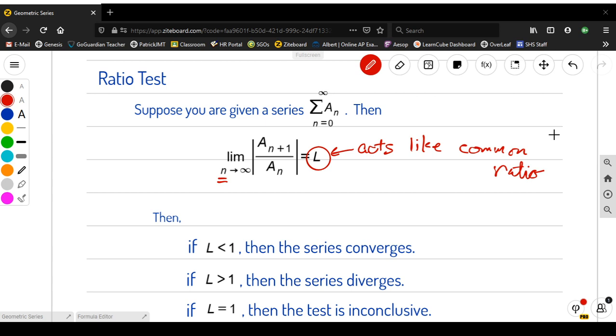Well, what do we know about geometric series is that if the common ratio is less than 1, it's going to converge. If the common ratio is greater than 1, it's going to diverge. And if it equals 1, well, we don't know. This test doesn't work or anything like that. But this really just comes from rules for geometric series.